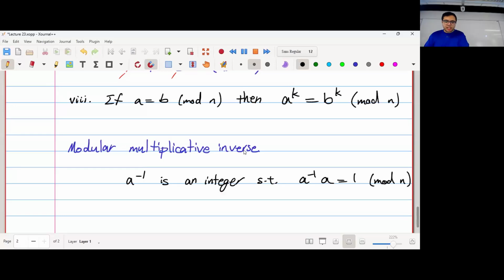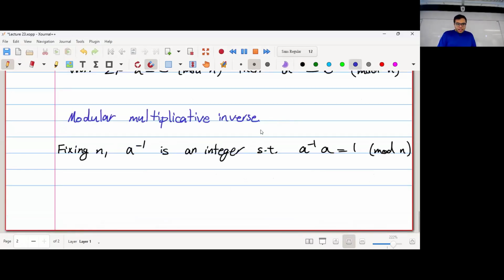And of course, this is when doing calculations modulo n. Okay, so fixing some modulus n, my modular multiplicative inverse, which I show as A inverse, is just some integer that if I multiply it by my original number A, I'll get 1.